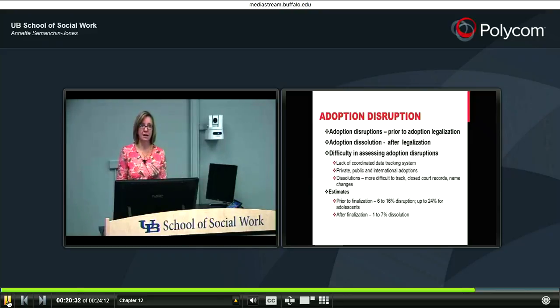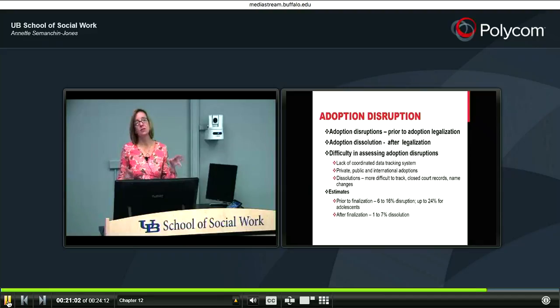Because there's a lack of coordinated data tracking in adoption, it's difficult to know, especially when you have public, private, international adoptions. It's also much more difficult in dissolutions because after an adoption is finalized, records are often closed. So records prior to adoption, say foster care records, are delinked from the adoption records. The child's name might change. It's just much more difficult to track that.